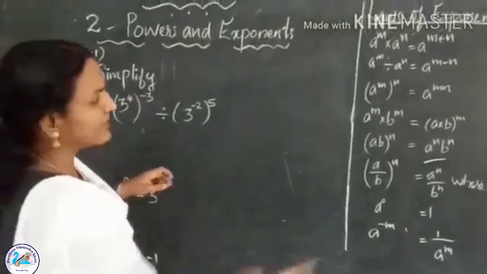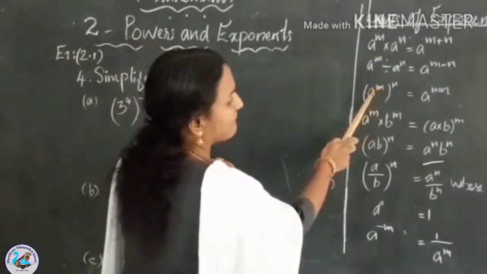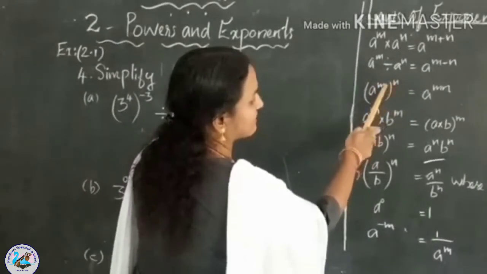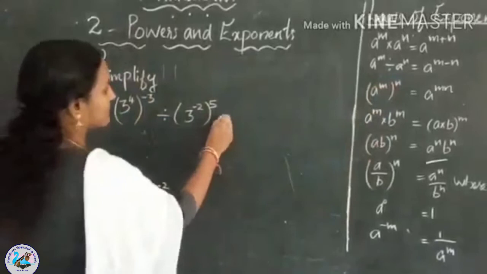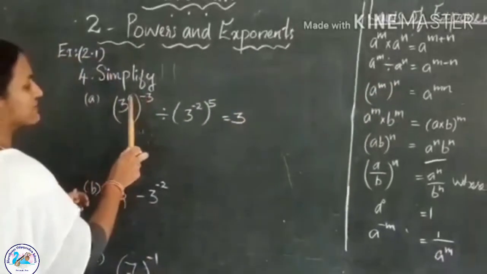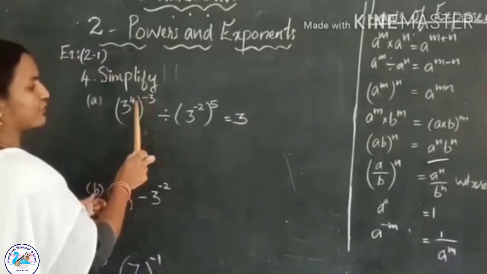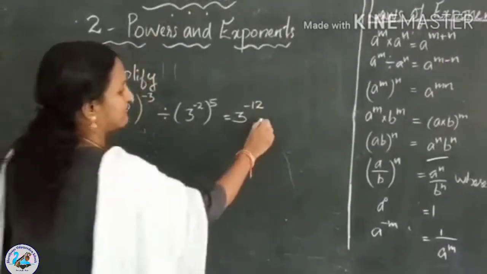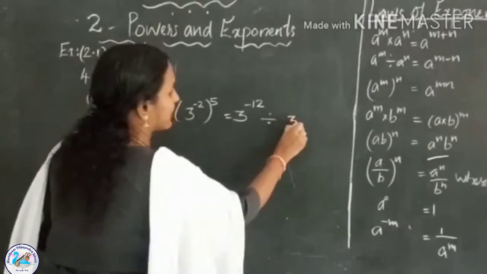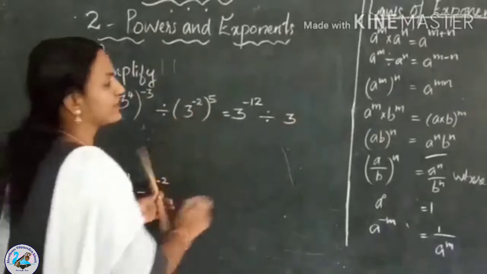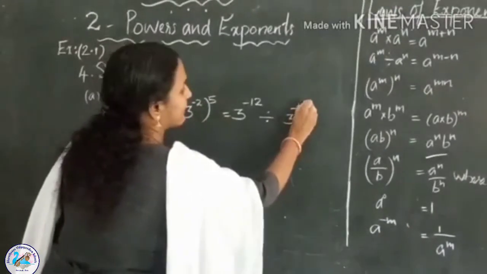We studied the third law, a power m the whole power n is equal to a power mn, multiplying the powers. So is equal to 3 power, multiplying the powers, 4 into minus 3, minus 12, divided by 3 raised to, again multiplying the powers, minus 2 into 5, minus 10.